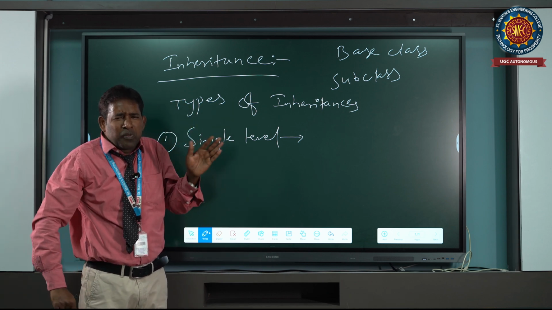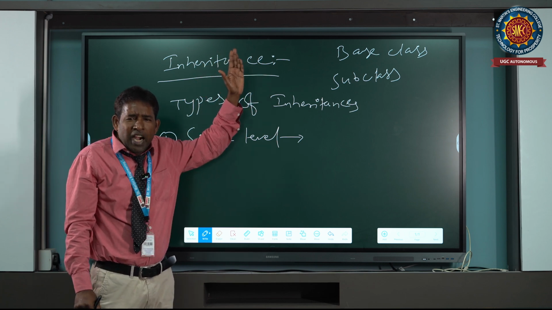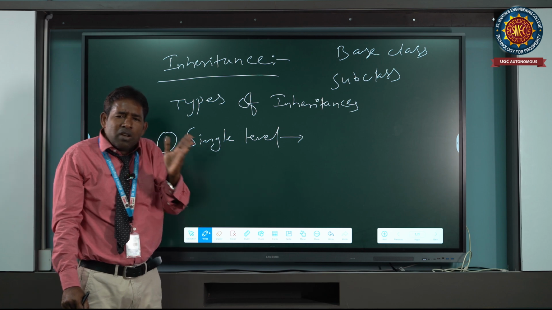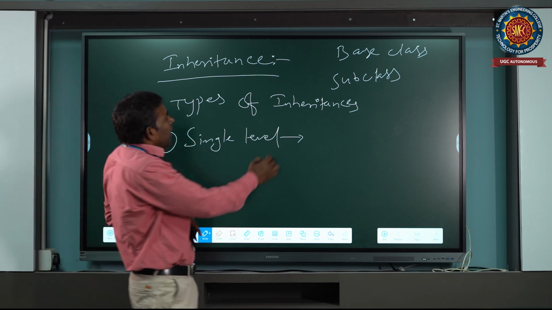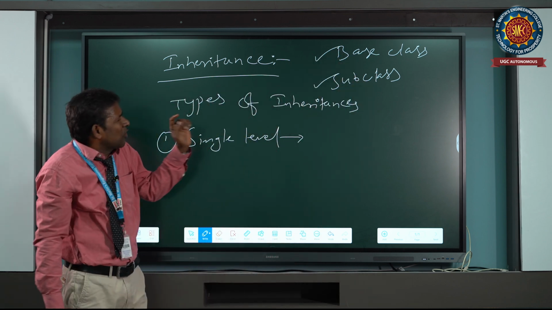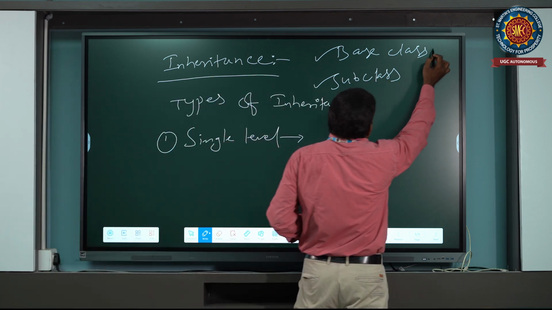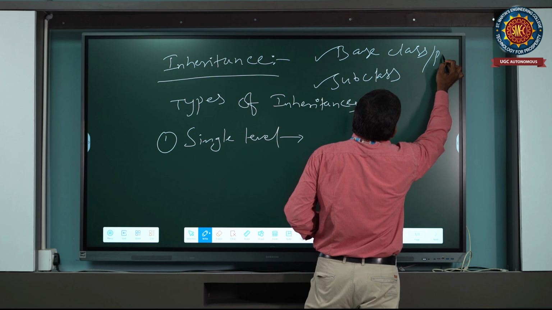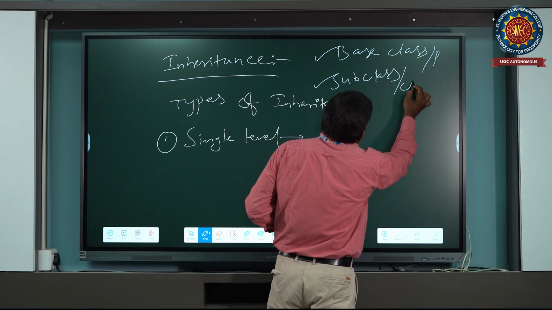We get property from our parents to their children, or from grandparents to parents and parents to children only, sons only or daughters only. That is called inheritance. We have two terminologies: one is the base class, the other is the subclass. The base class is called the parent class. Next, the subclass we call the child class.